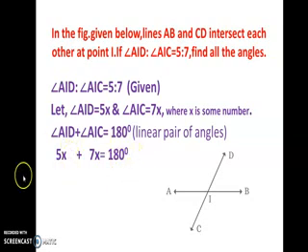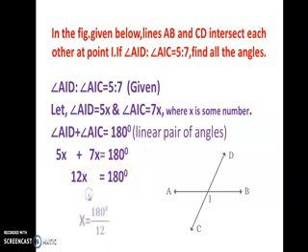Now you solve this linear equation. It becomes 12x, and that 12x is equal to 180 degrees. Now divide both sides by 12. You are going to get the value of x as 15 degrees, isn't it?